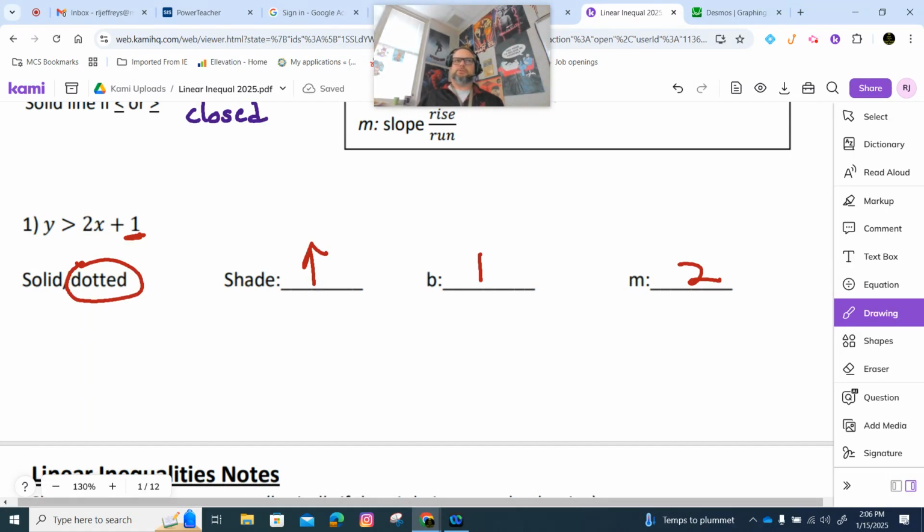Now, the dotted and shade up and stuff, that doesn't make much sense right now. But I'm fixing to show you why it's going to make sense.